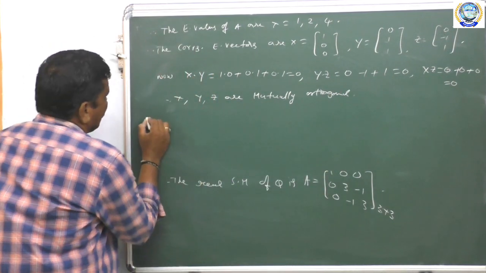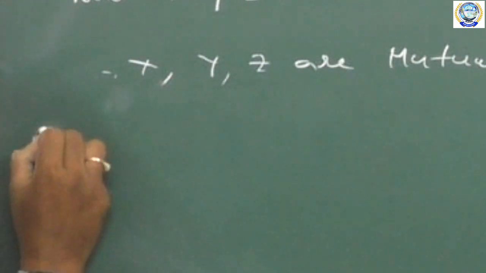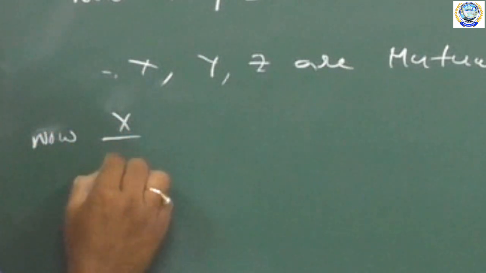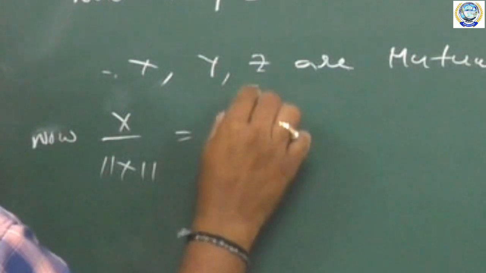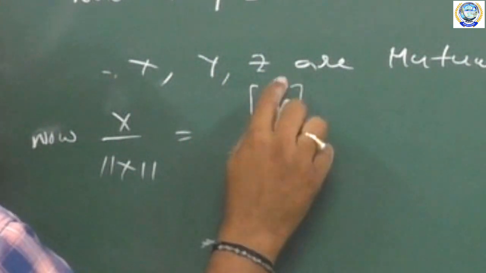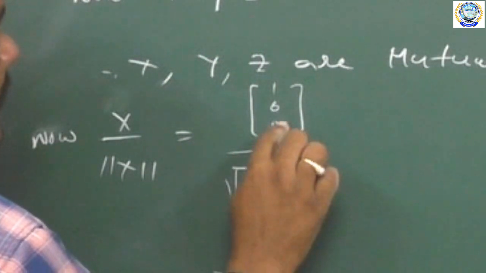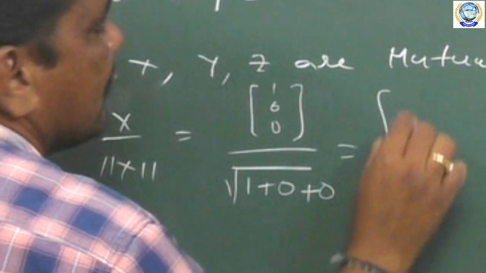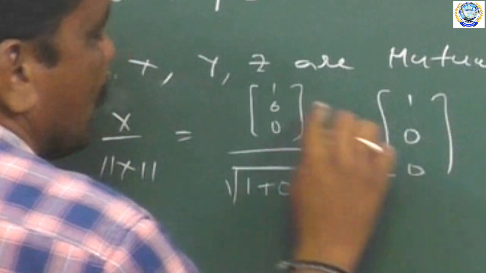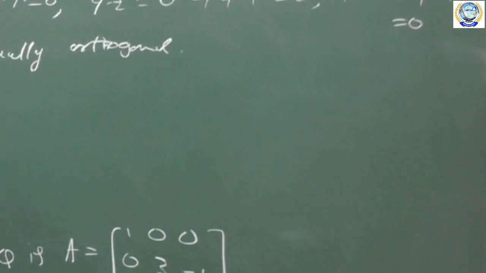Next, to find the normalized eigenvectors. Now x by norm x, here x is 1 0 0, norm x is square root of 1 square plus 0 square plus 0 square, this is equal to 1. So 1 by root 1, 0 by root 1, 0 by root 1, that is 1 0 0.